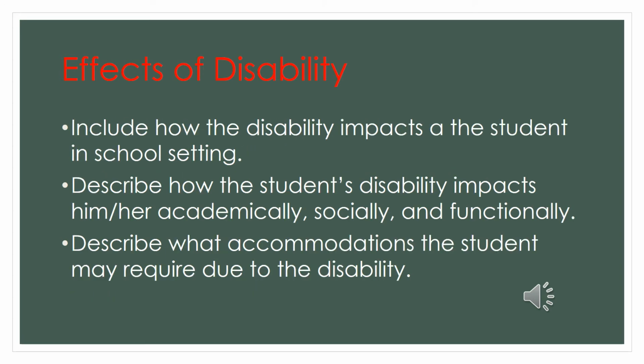When looking at the effects of the disability, it is important to include how the disability impacts the student academically, socially, and functionally at school. For example, if a student has autism and they have a communication deficit, it's important to explain how this communication deficit impacts their ability to follow teacher directions, or their ability to respond to questions, or to complete assignments, as well as how it may affect their ability to build relationships in the school environment, or to function in novel situations.